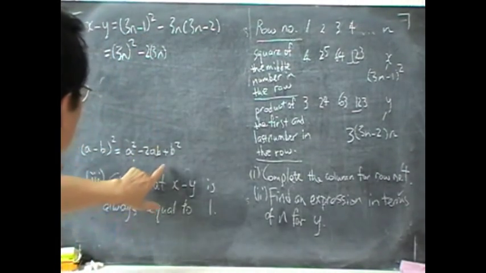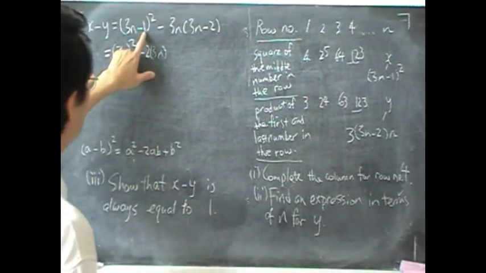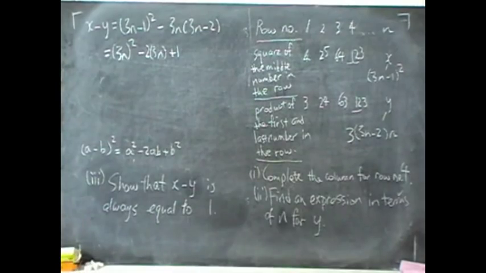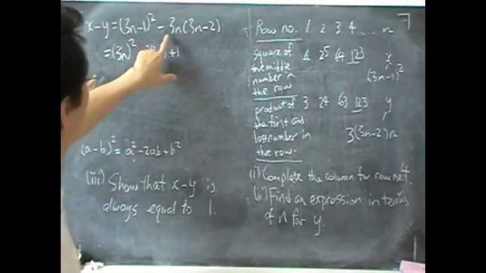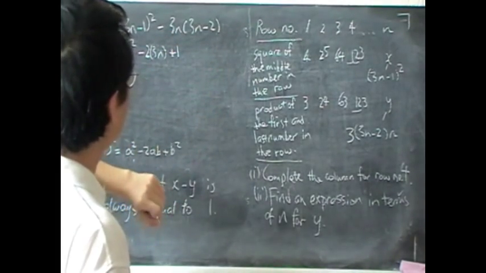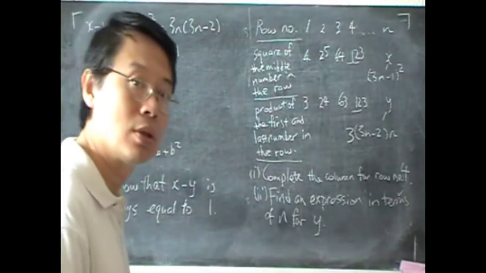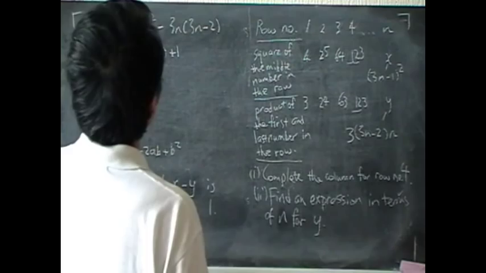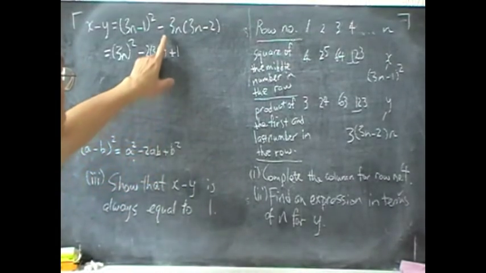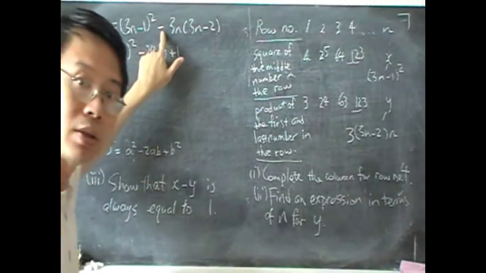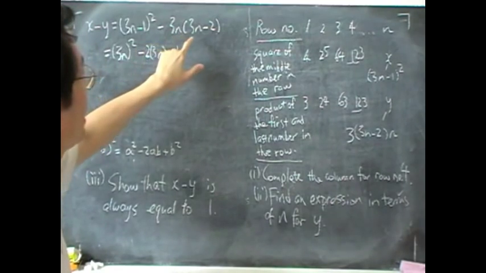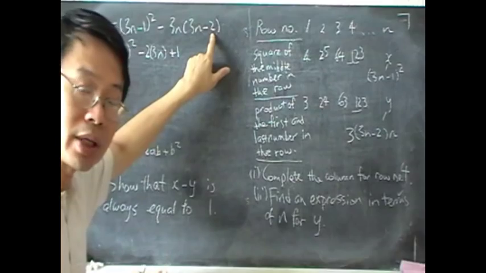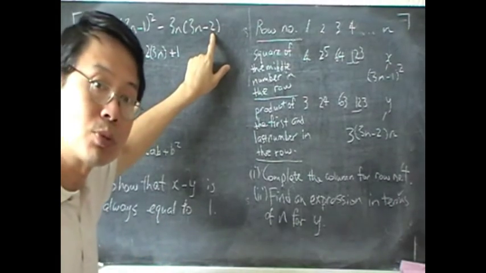Plus b squared, which is 1 squared, just 1. Now, for the next term, I need to remove the brackets. We must always be careful if there is a minus sign in front of the bracket, because that changes the sign of each term in the bracket when we remove the brackets.